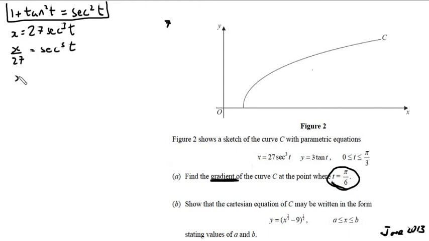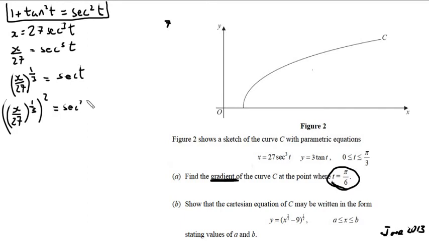If we cube root this whole thing, it gives us sec t. We need sec squared t, so we square this. That gives us x over 27 to the power of 1/3, all squared, equals sec squared t.